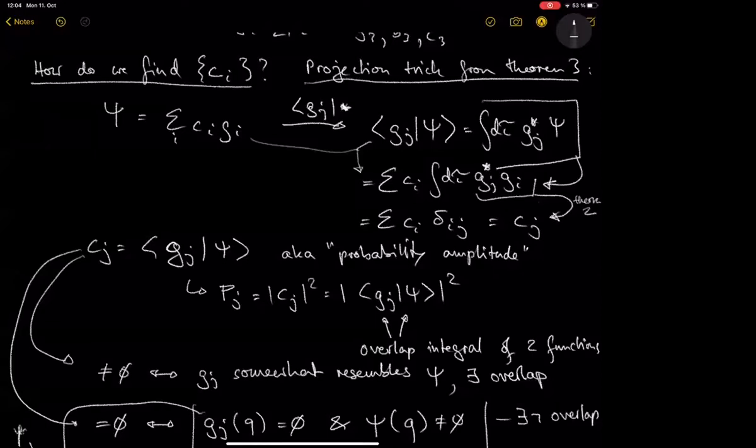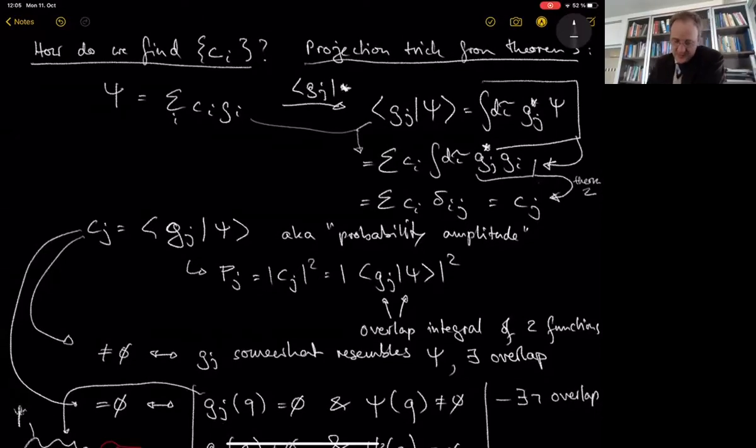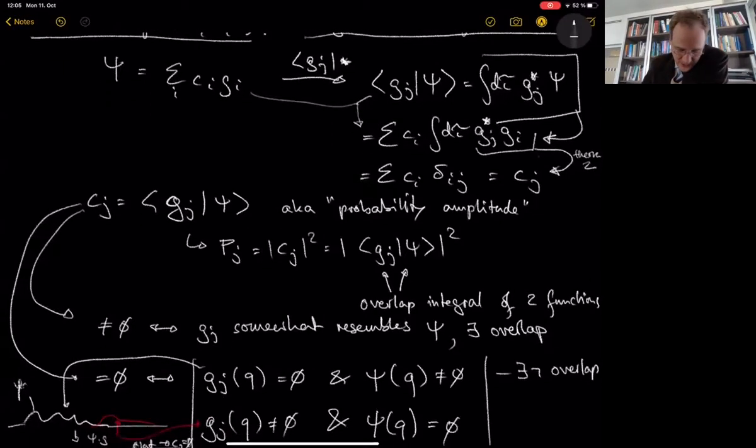I think I'm struggling with the meaning behind this projection. I think that's more the problem here. So the meaning is really this: when you square this, then you get the probability. So it's the square root of the probability of J. And it is related to this overlap.